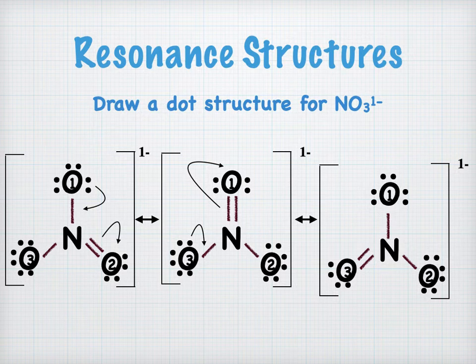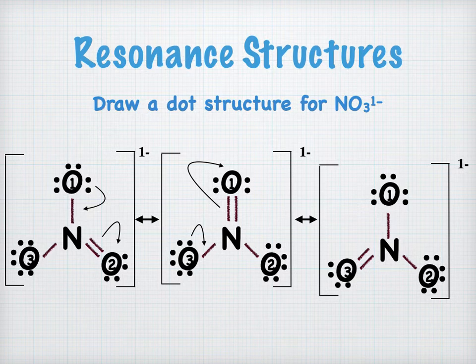These structures are known as resonance structures, and there's a couple of different ways to think about it. We can think about it in terms of those electrons shifting positions, the double bond shifting position. And so this ion is rapidly moving back and forth between all of these structures.